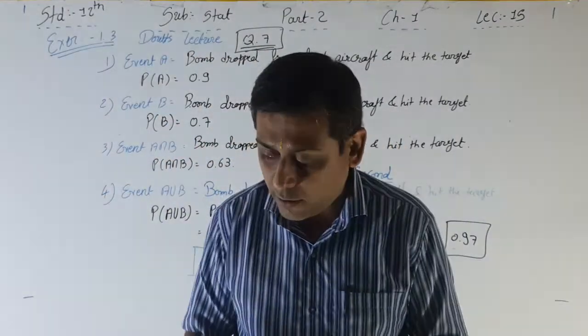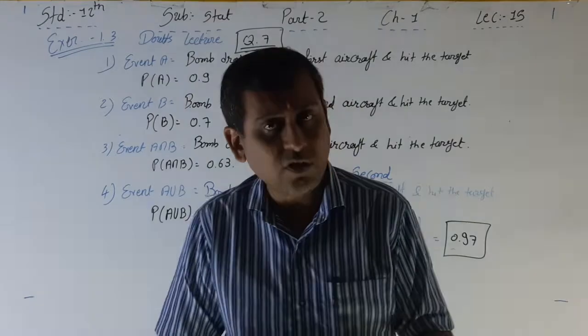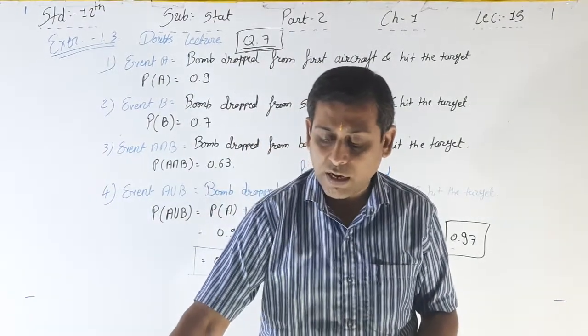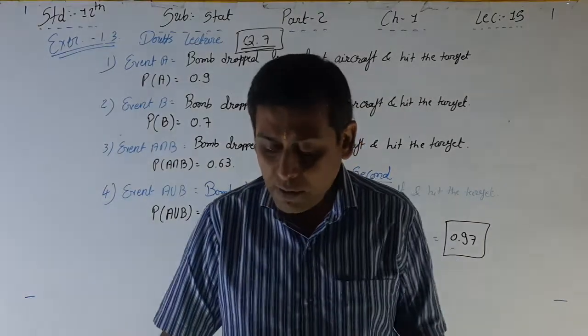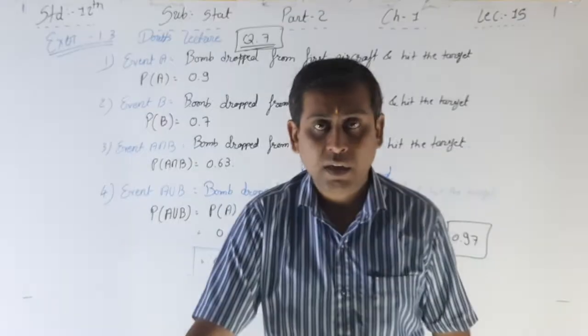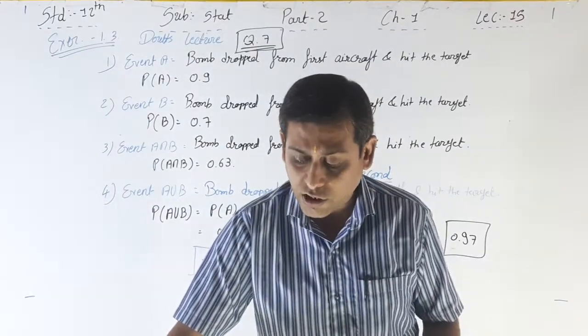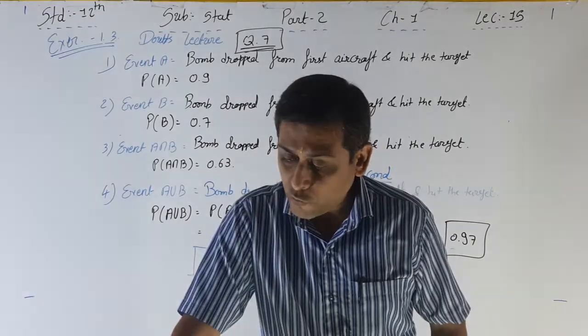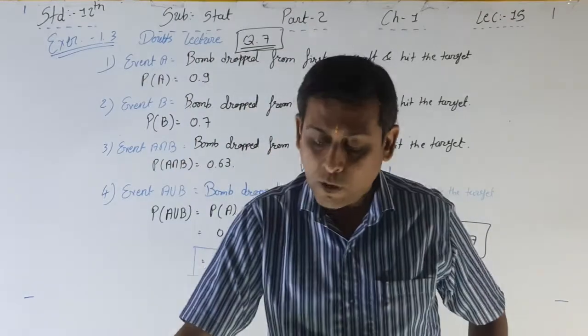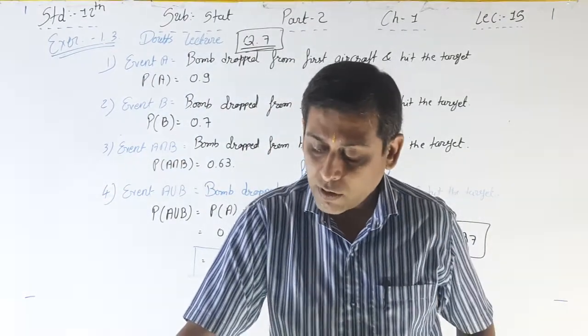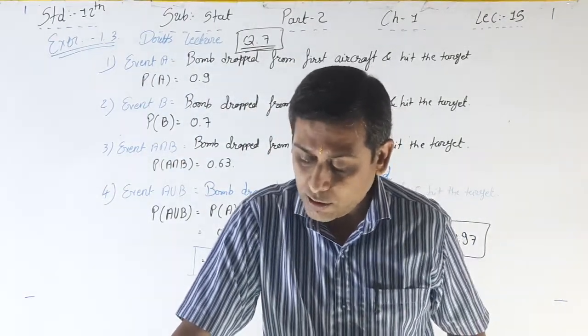Now ninth sum, easy, because it is just like the last illustration, that is illustration number 26. A and B are mutually exclusive and exhaustive events. Here P of A is equal to 2P of B is given, and we have to find out P of A. Again the 10th is also easy.